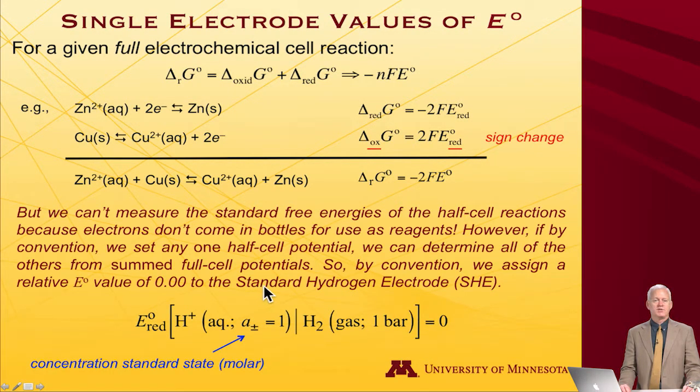It is the so-called standard hydrogen electrode, sometimes abbreviated SHE, because we are standardizing our scale to it. It is the half cell corresponding to protons at unit activity in aqueous solution being reduced to hydrogen gas at 1 bar pressure. So the standard reduction potential for that half cell is defined to be 0.